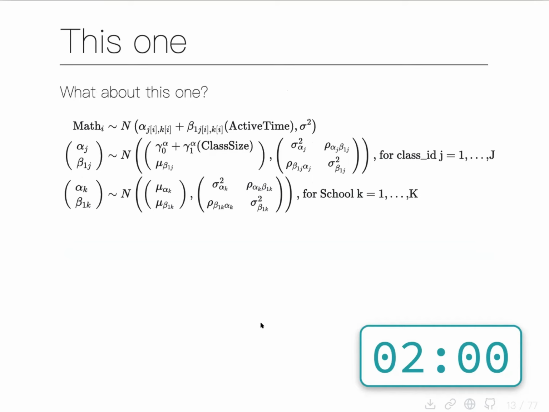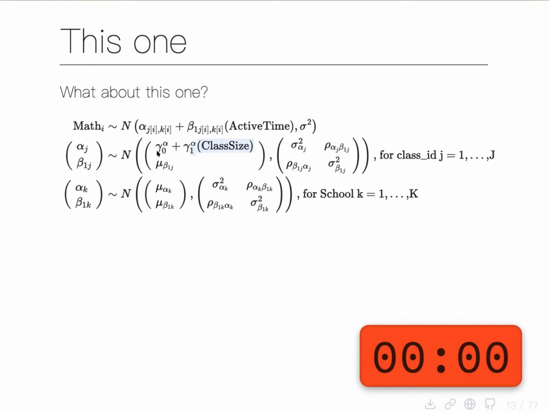Okay, now a little bit more complicated. Try this one. When we're looking at this one, we see that we now have alpha j k, just like we had before, so the intercept is randomly varying at both levels. But for active time, we have beta 1 j k, so it's now randomly varying at both levels also. In addition, we now have this class size variable here.